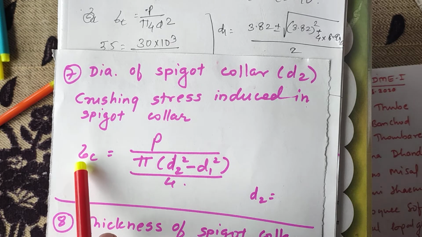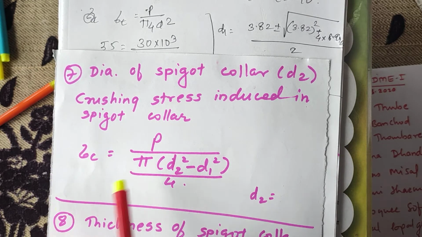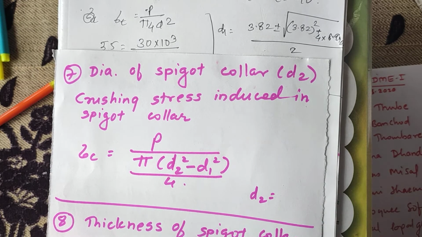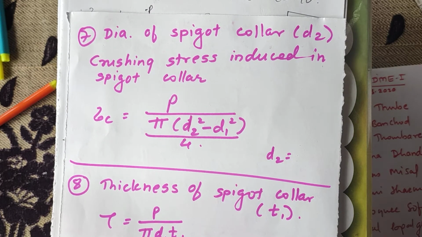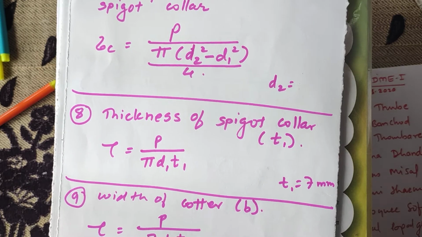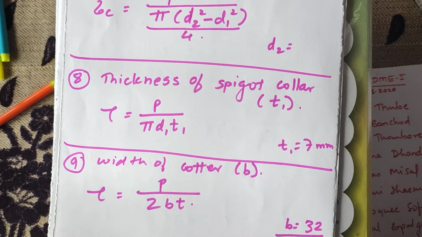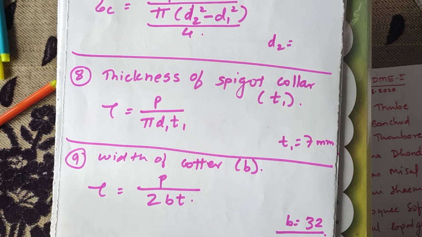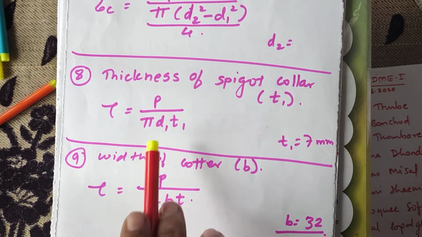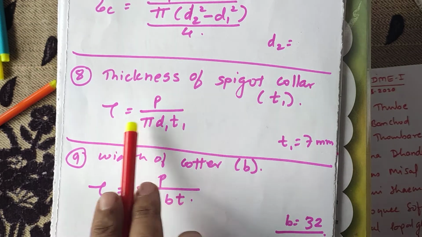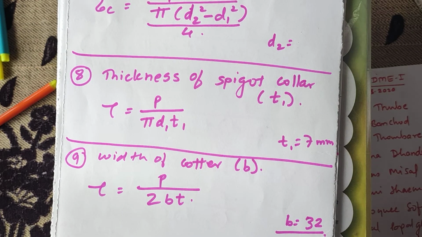Here the value of sigma C is known, P is known, d1 square is known, so you'll get d2 here. Now the thickness of the spigot collar, T1. For this we'll consider the shear stress induced in the spigot collar, and here tau equal to P upon pi into d1 into T1.